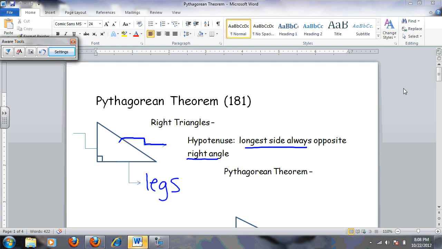That is a leg, and this is a leg. That's going to be important because as we talk about the Pythagorean theorem, we're going to find that the sum of the square of the legs is equal to the square of the hypotenuse. I'll get to that in a moment, because that is the Pythagorean theorem.